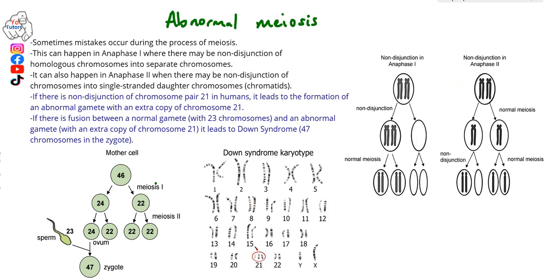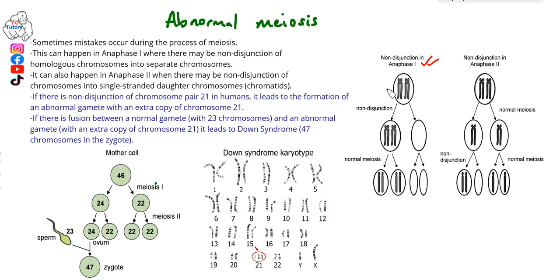Now let's move on to the last slide, which looks at abnormal meiosis. Meiosis doesn't always go according to plan. It doesn't always go smoothly. Sometimes we have what is called non-disjunction, where chromosomes fail to separate. This can happen during anaphase 1 or anaphase 2, but our main focus is anaphase 1.